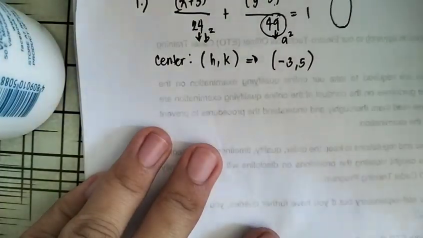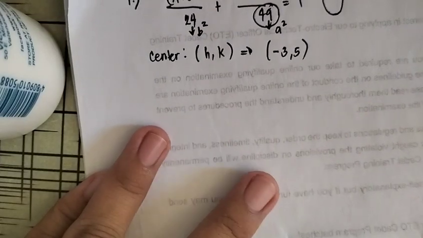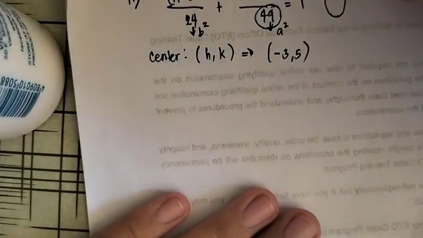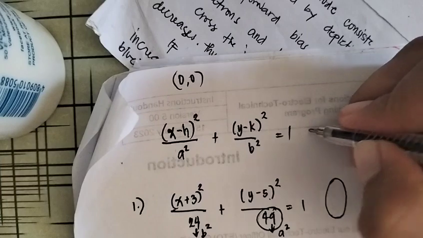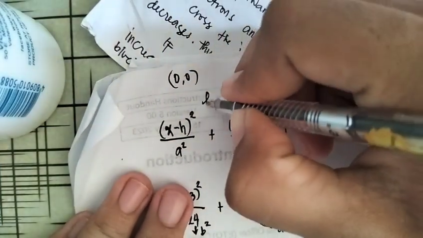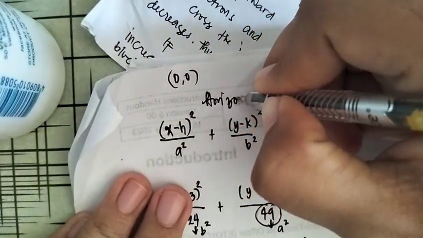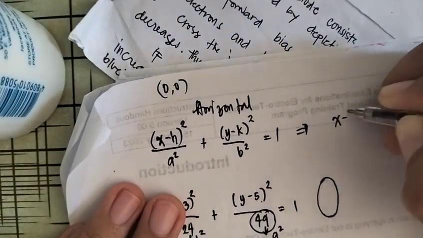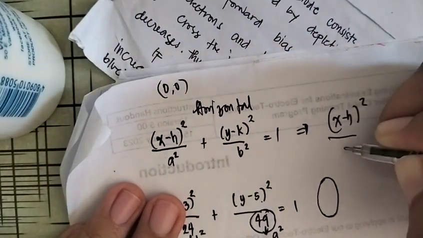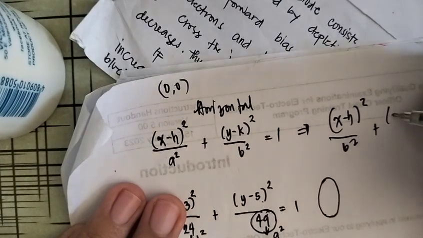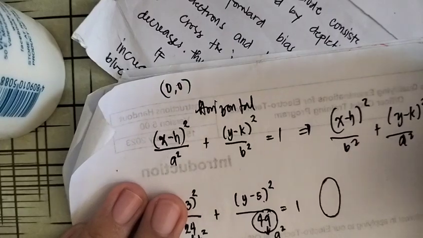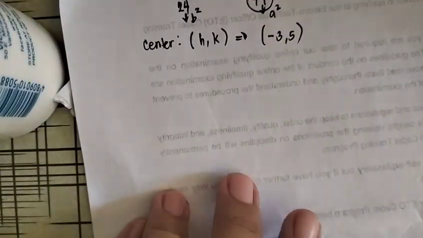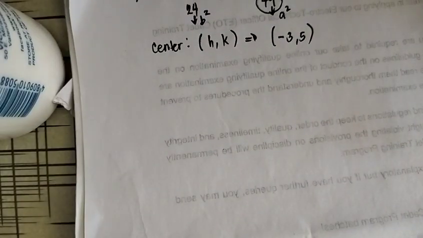Kung asa ang dako, mao si a squared. Pag horizontal ang major axis, x minus h squared over a squared plus y minus k squared over b squared. Pag vertical, x minus h squared over b squared plus y minus k squared over a squared equal to 1.